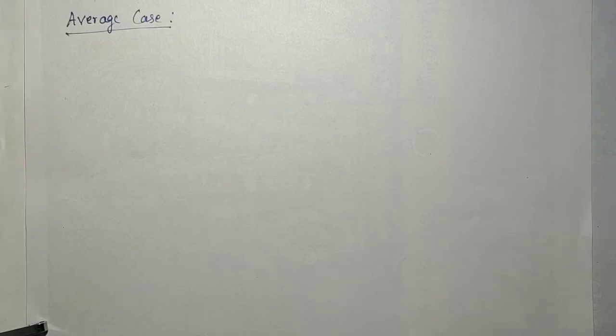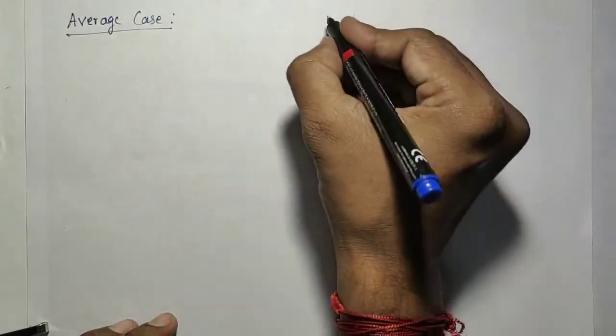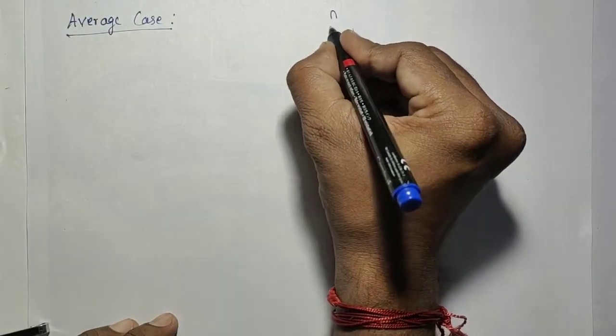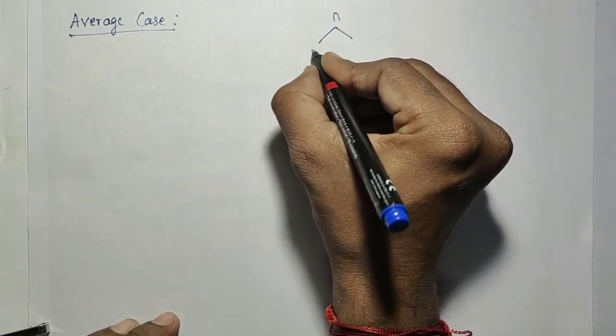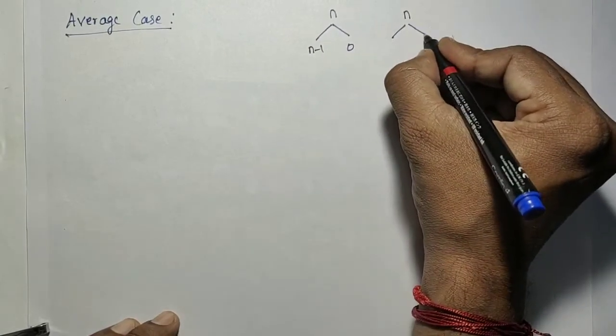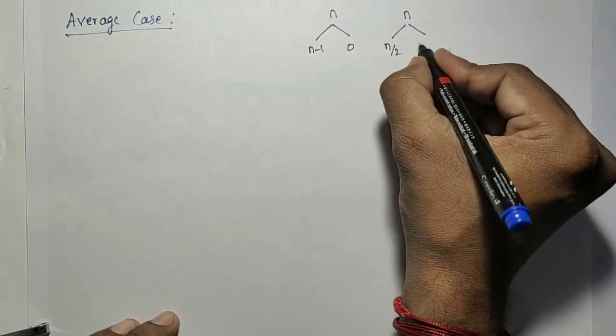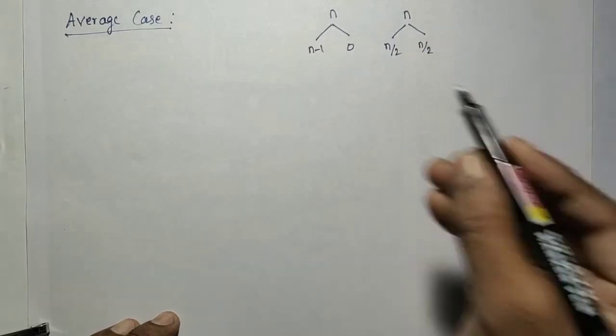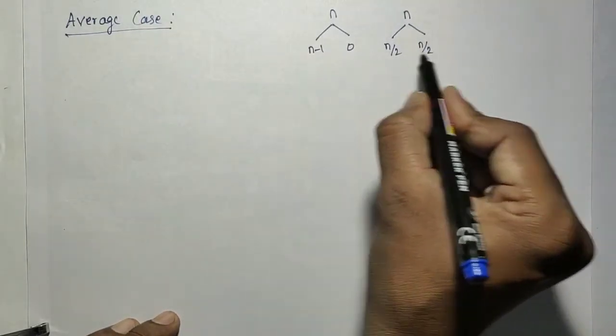So for quicksort, how are we going to analyze the average case? The split may occur as n minus 1, 0, or as n by 2, n by 2. These are the two extreme cases.